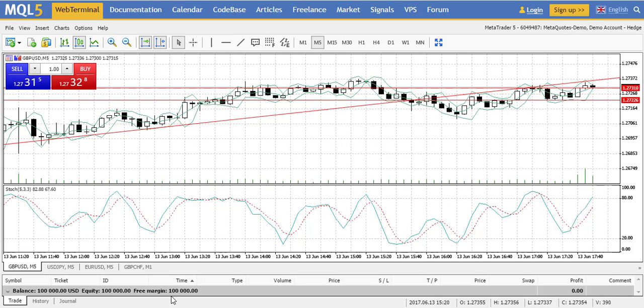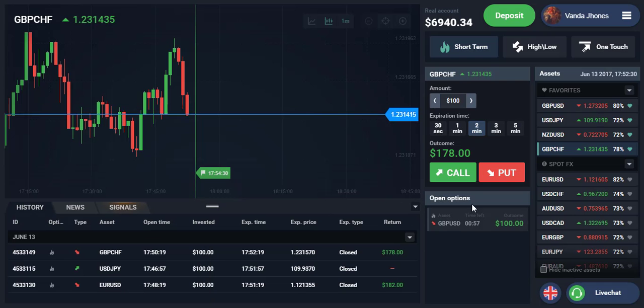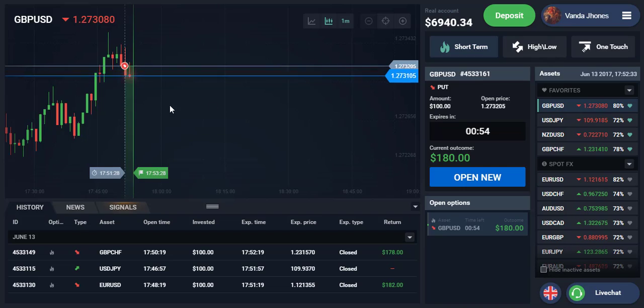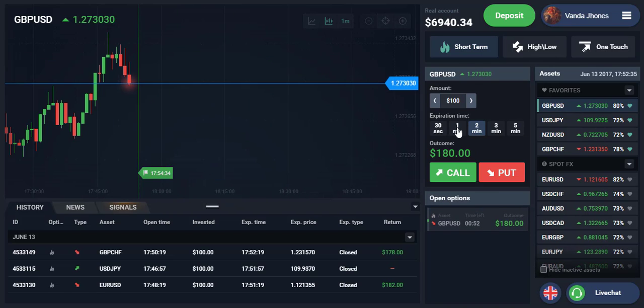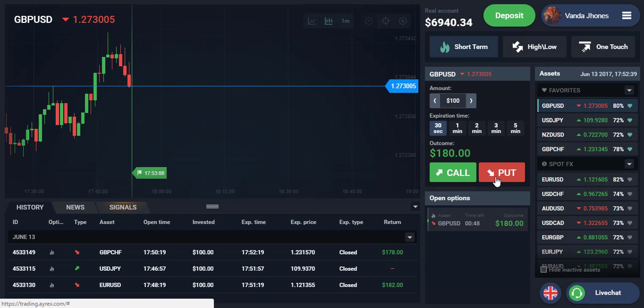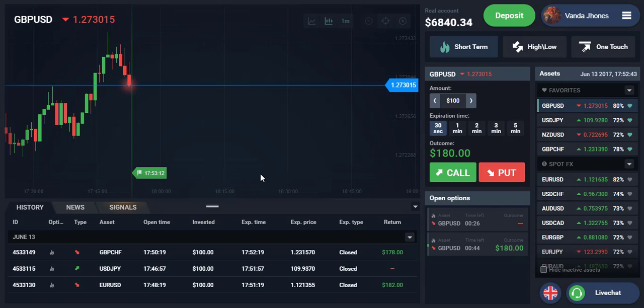So I've already opened the put deal, that is fine. For the GBP USD, let's see what we can do. We can open another deal for 30 seconds into put. I think I'm gonna regret this. Or not. Or yes. Probably I will. That's what we say about the fact that I'm hurrying into deals without really thinking.